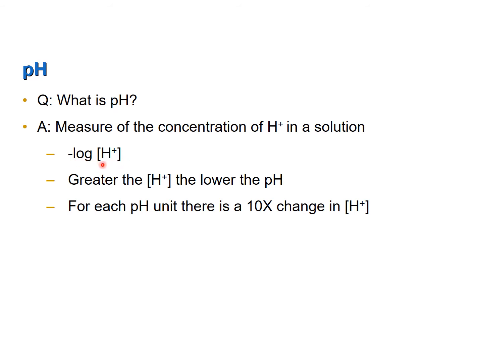So remember that as the concentration of hydrogen ions increases, the pH actually decreases. Also remember that the pH scale is a logarithmic scale. So for every 1 unit change in pH, there is a 10-fold change in hydrogen ion concentration.